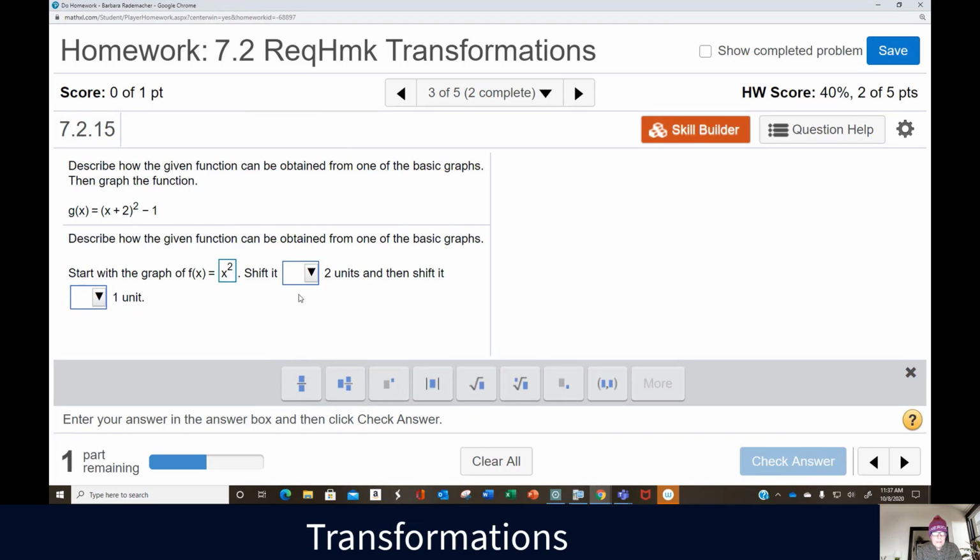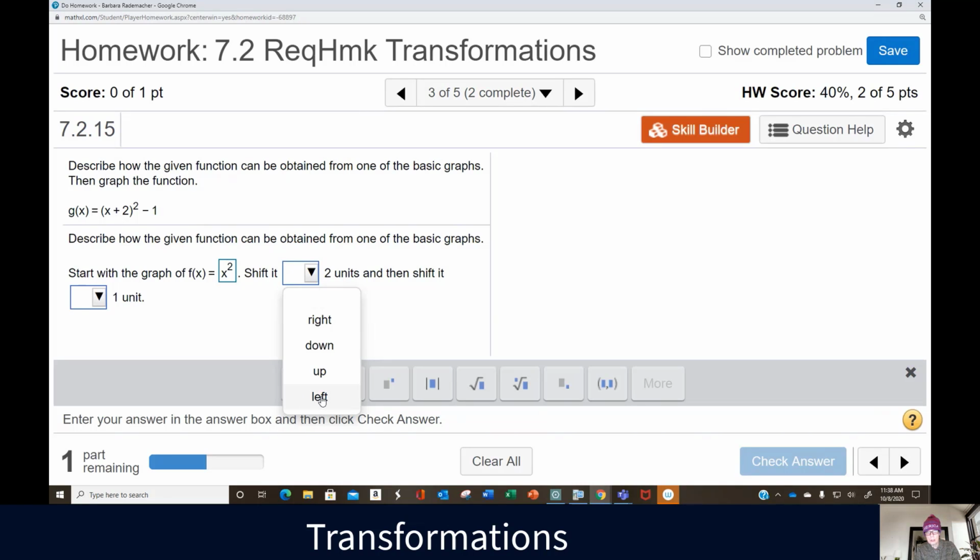All right, now shift it up, down, left, right, 2 units. Okay, the 2 is in the argument, so it's going to deal with horizontal movement. So it'll be left or right. And then the plus, which should mean right, ends up meaning go left. So left 2 units.